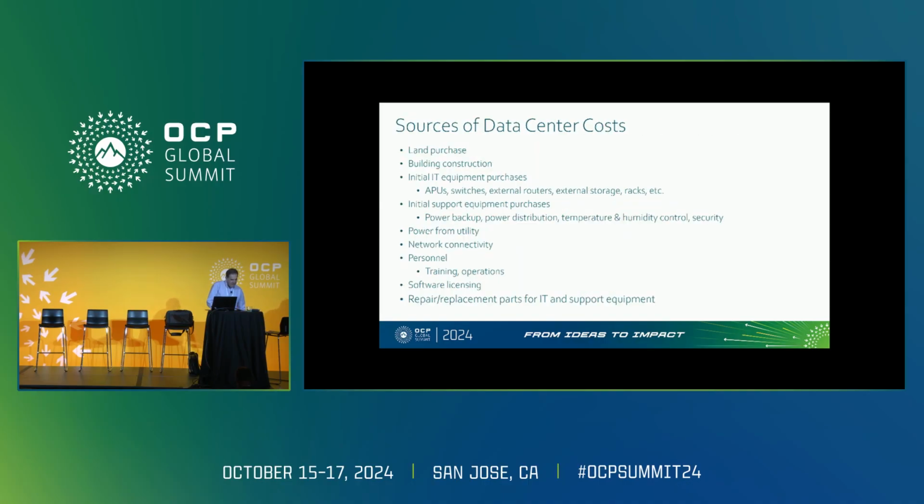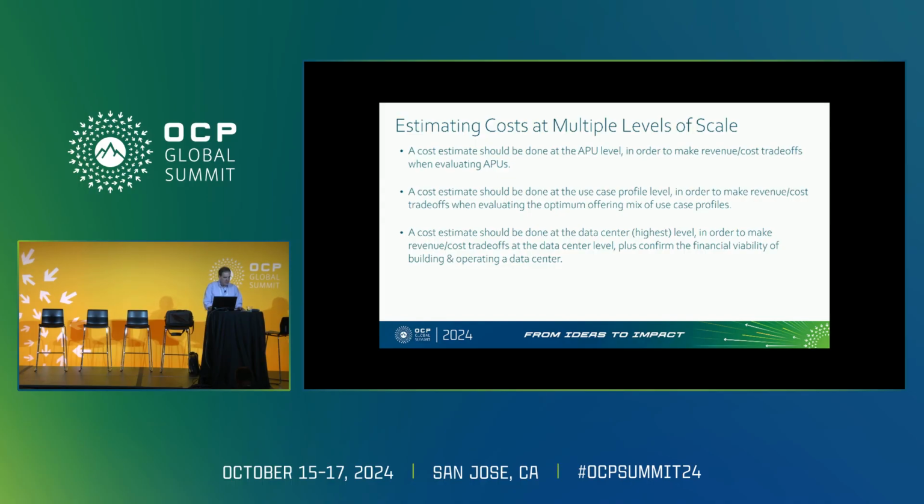Next, we aggregate the estimated costs across the entire data center. This calculation is much easier than the revenue side because the costs are much more straightforward to model, I think. This slide shows the typical categories of costs associated with a data center. Cost estimates can be done at increasing levels of aggregation to make good decisions.